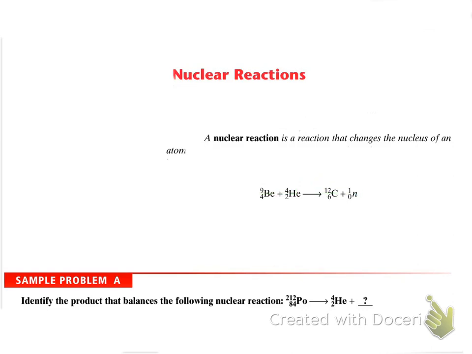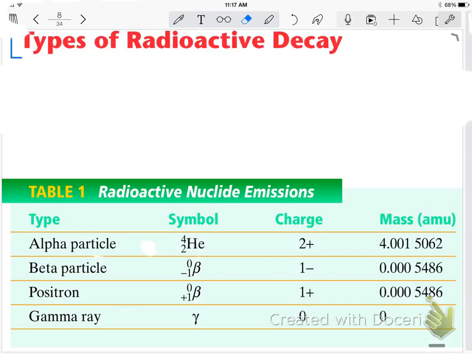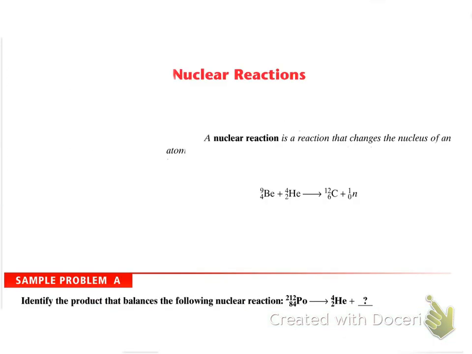Similarly, when we look at the atomic number, the lower left-hand corner numbers, we have 4 and 2 equals 6, therefore this has to equal 6 as well, and it does. So as long as both sides of a nuclear equation have atomic numbers and mass numbers that add up, you are fine. And of course, I had you work on this sample problem here in class, okay? Not very difficult, so we'll go past that, but you essentially would set one side of the equation equal to the other side.